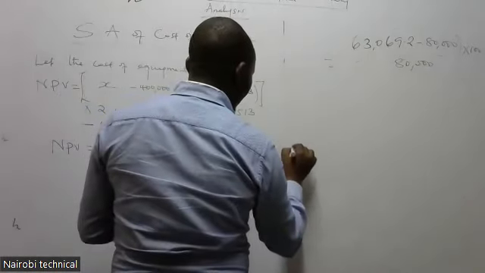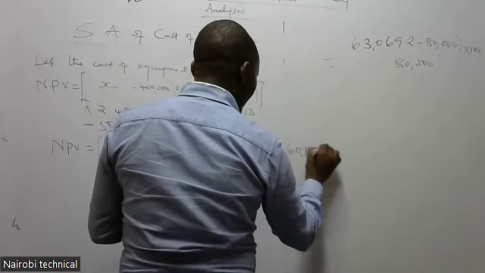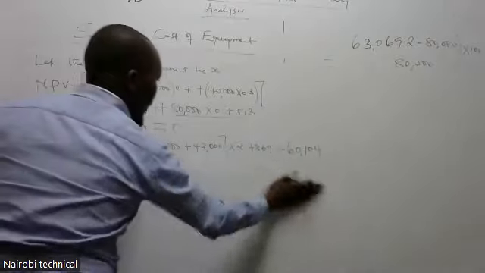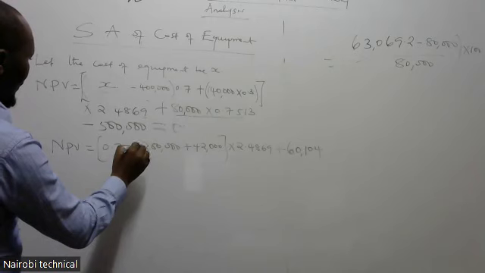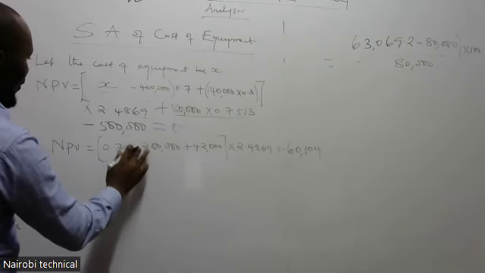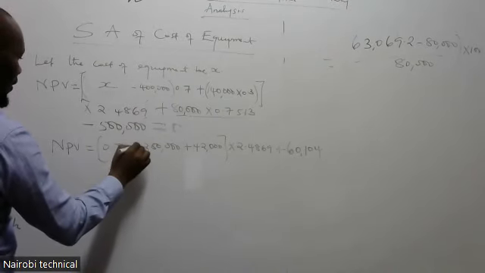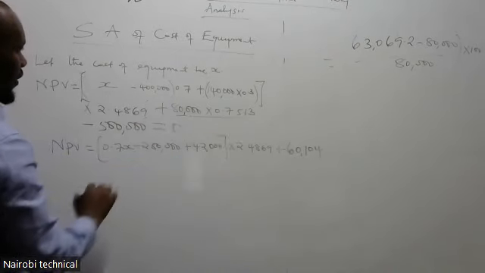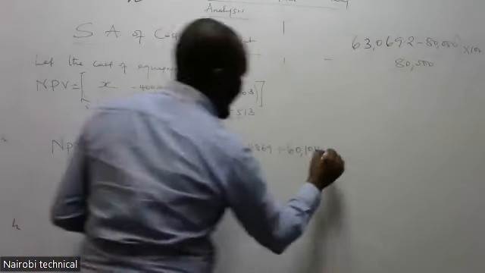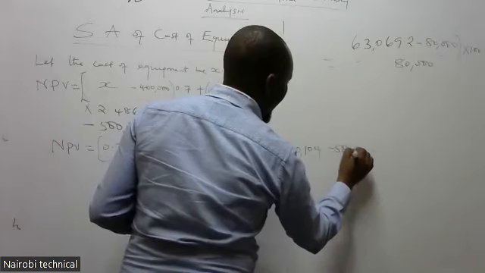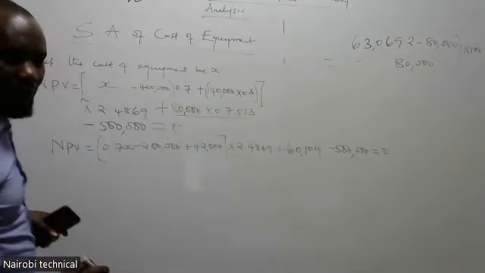That is 60.104. Right. So then this one is plus. No, it is minus. Minus because of this. So all that is up to here, minus 500. So minus 500 is equal to 0.